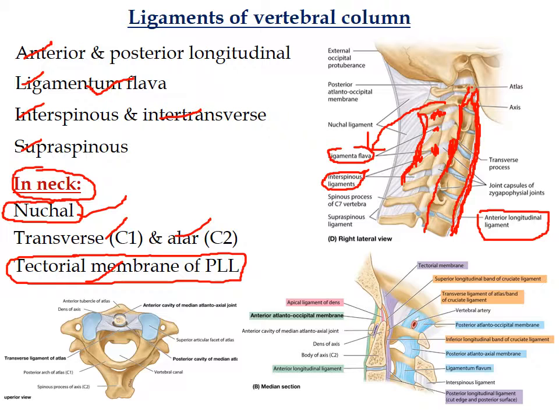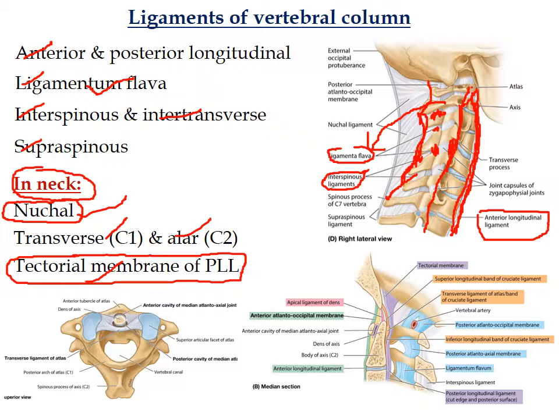The supraspinous ligament in the neck region is called the nuchal ligament. So the supraspinous ligament is below, but the same supraspinous ligament in the neck region we call the nuchal ligament.